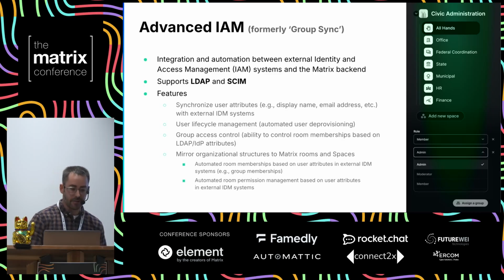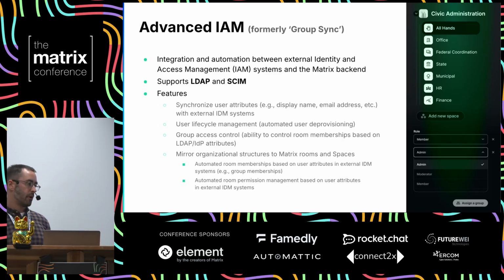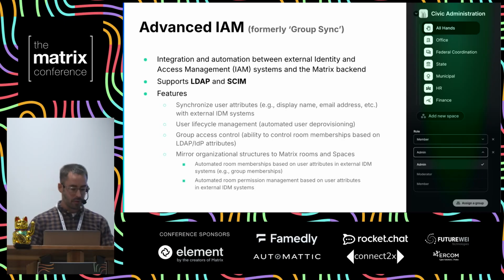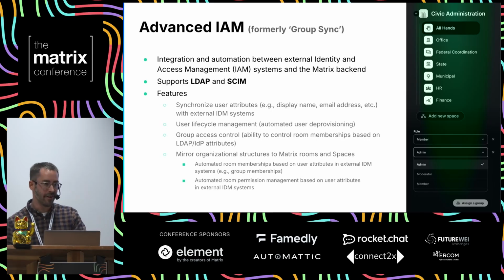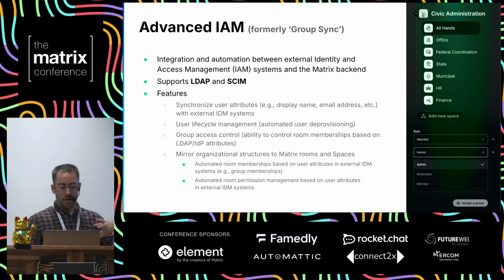Advanced identity and access management is a component that we think is super important for enterprise use cases. Some of you might know it under its former name, which is GroupSync. We've changed that name to better capture the use case. What it does is it basically integrates and automates your identity management system and your Matrix backend.